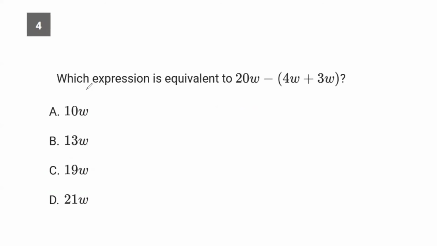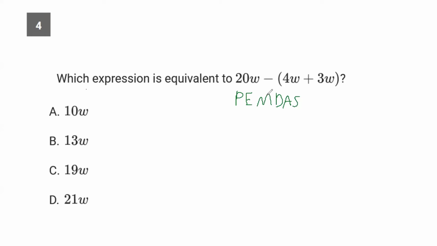Which expression is equivalent to 20w minus 4w plus 3w? So the main issue you could have here is if you did 20w minus 4w, which gets you 16w, and then you add 3w. That's the main trip up. But PEMDAS tells us to do parentheses first.